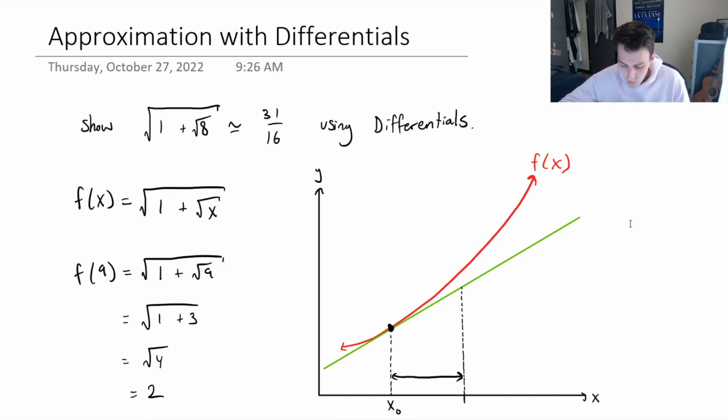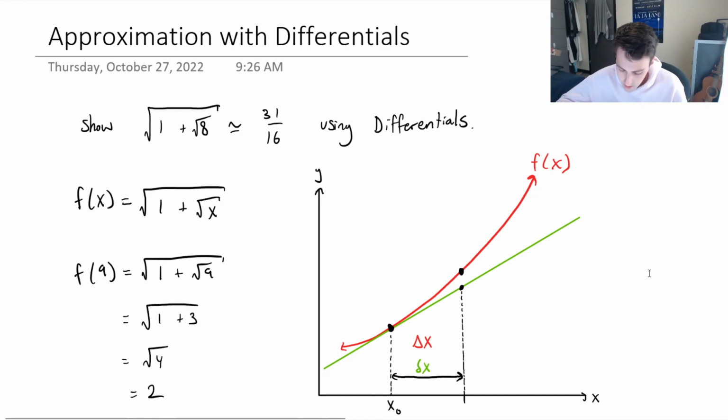So I want to show you that on the tangent line, the change in x, we will call this lowercase delta x. But this is the same change in x as the change in x to the function's value of the red function. So I'll call that capital delta x.